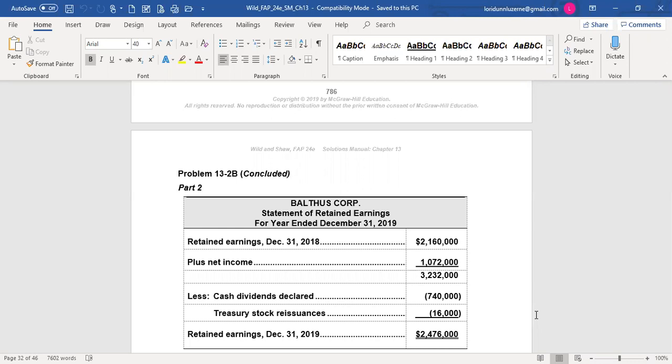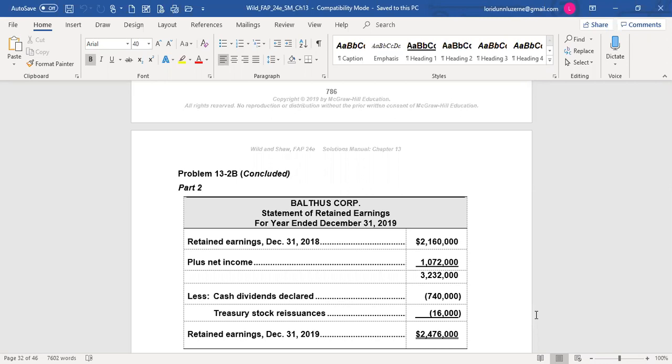So retained earnings started, so the balance either 1/1/2019 or 12/31/2018, $2,160,000. We added net income for the year. Remember, we credited retained earnings $1,072,000. We decreased it or debited it for a total of $740,000 for the total cash dividends during the year.